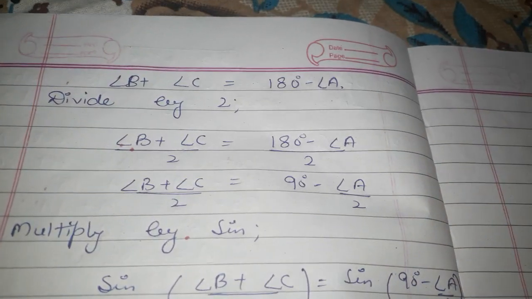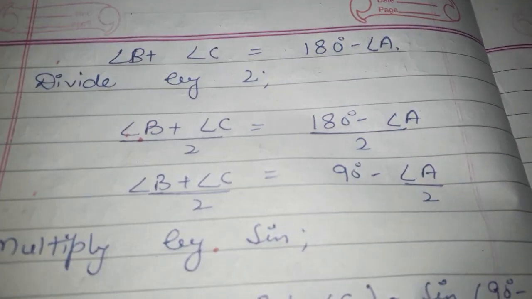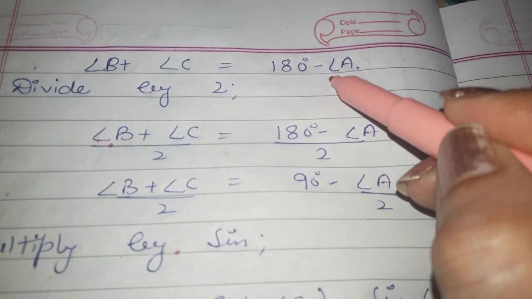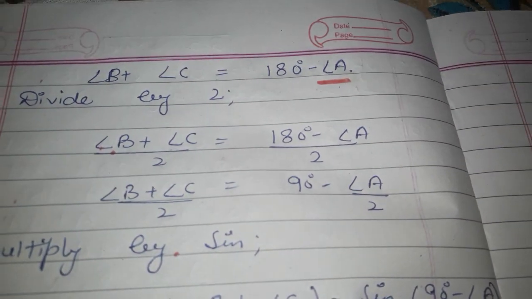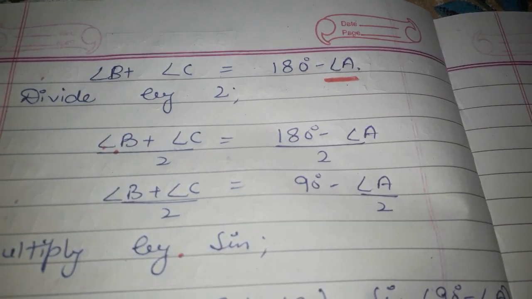Then I am shifting the angle A. When I shift angle A from left hand side to right hand side, it will get negative sign. That means the equation will become angle B plus angle C is equal to 180 degree minus angle A.